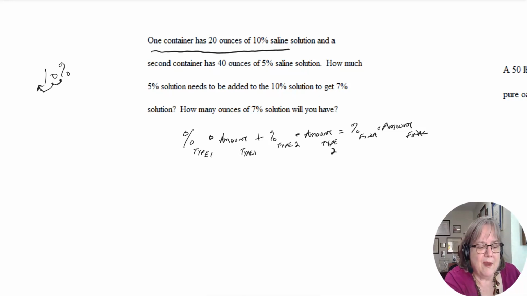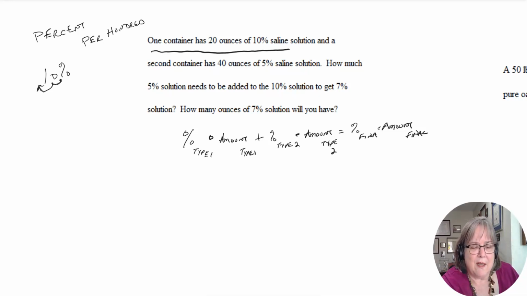The reason it's 2 is it's per cent, which is per 100, because cent is short, like century is 100 years, 100 pennies in a dollar. So this is per cent, per 100. How many decimal places do you have to move to get to 100? 2. Okay.